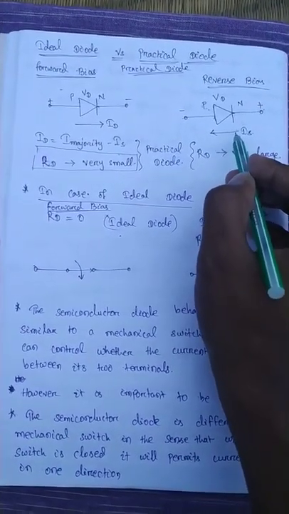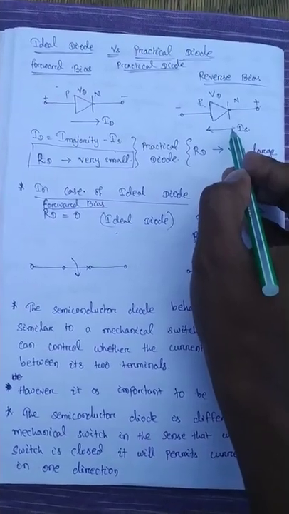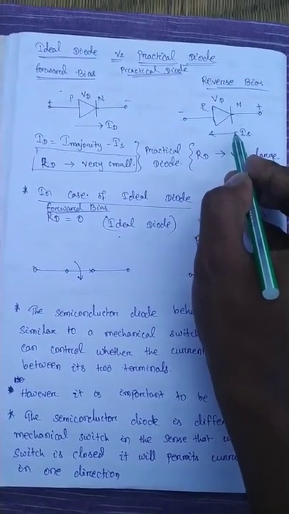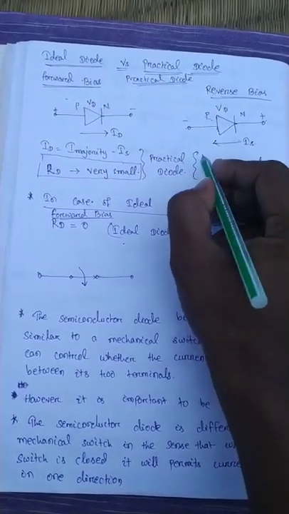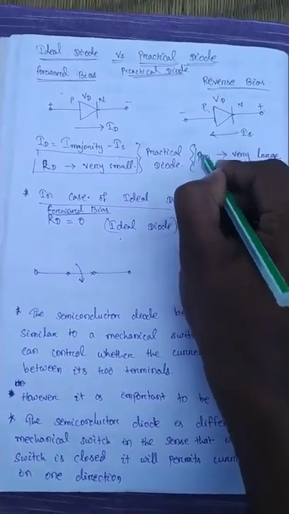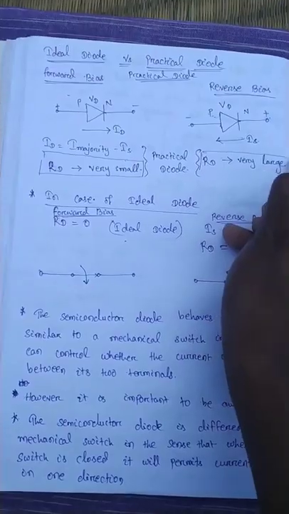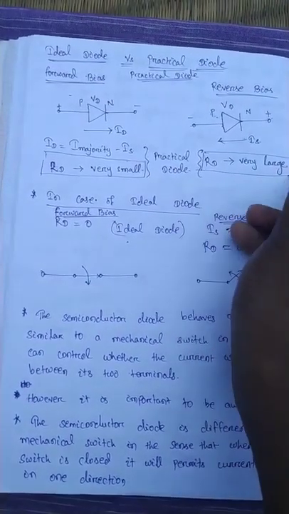So in case of reverse bias, the resistance provided by the diode, Rd, is very large.